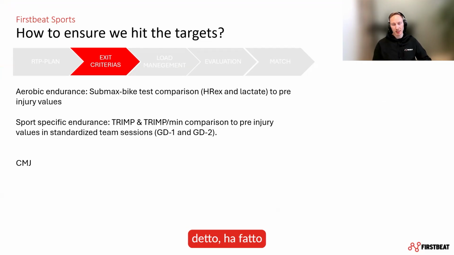For aerobic endurance, as said, they did the submaximal bike test, and then they compared the heart rate, exercise and lactate to pre-injury values, and then they also evaluated the sport-specific endurance, and there they had a look at TRIMP and TRIMP per minute in comparison to pre-injury values in standardized team sessions, so game day -1, game day -2, where they are usually doing pretty much the same things from week to week.